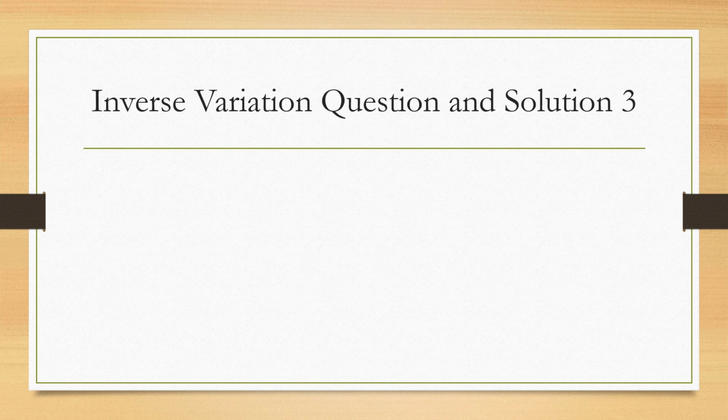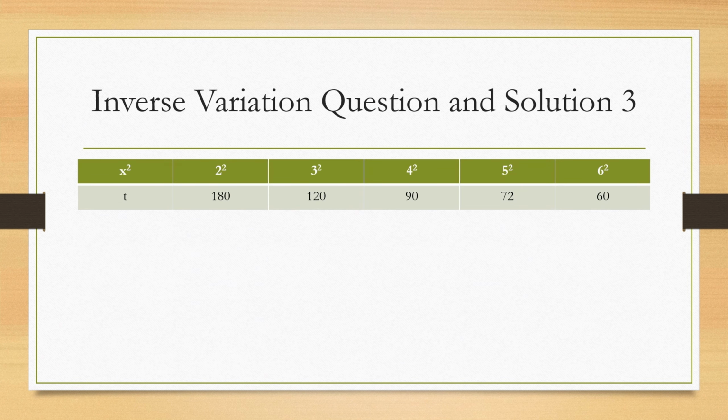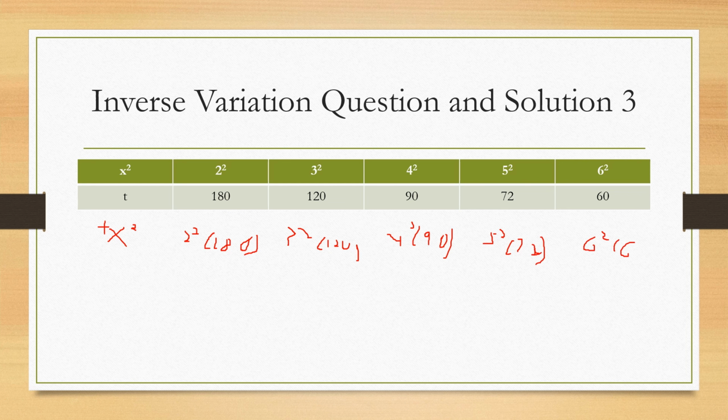So this is the question. So as usual, t equal to s power 2. 2 power 2, take t over 2, take 20. 4 power 2, 90. 5 power 2, 72. 6 power 2, 60.